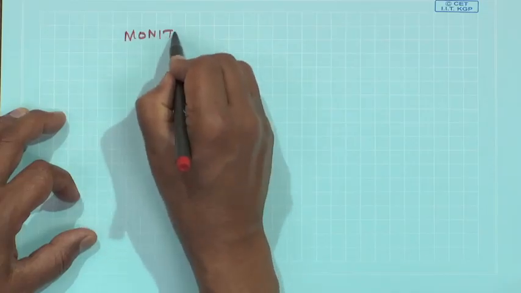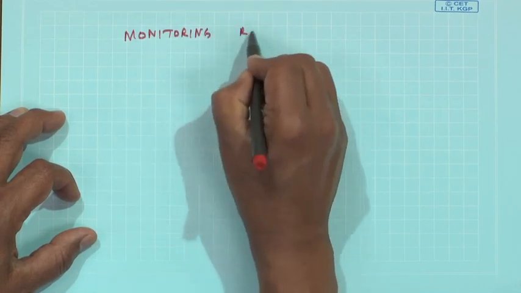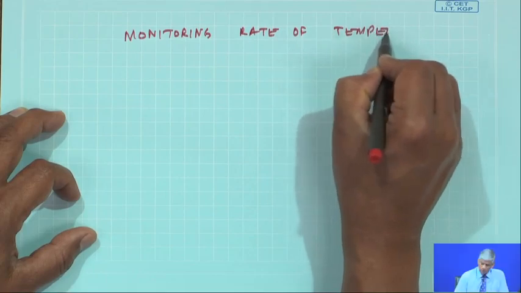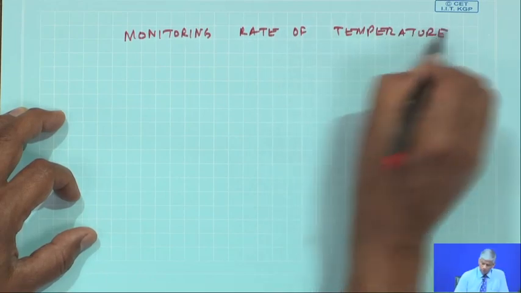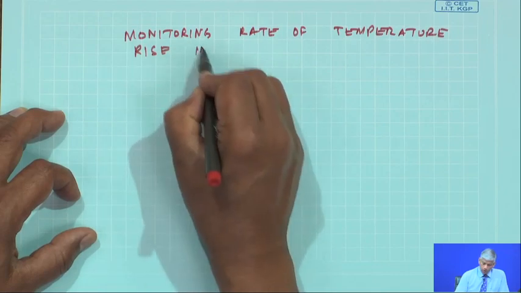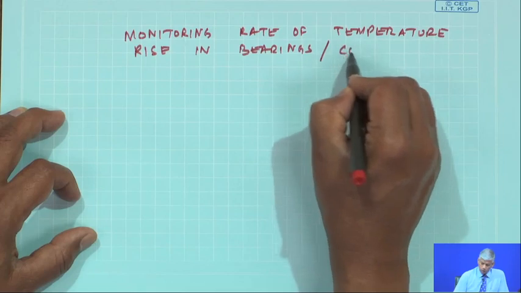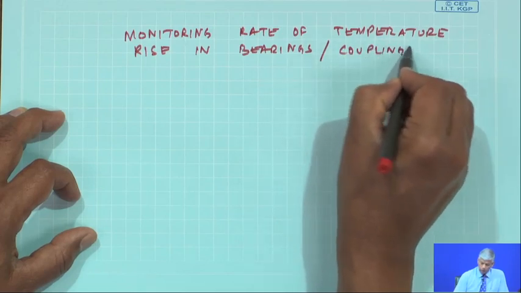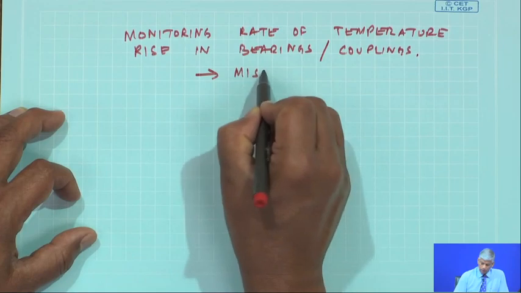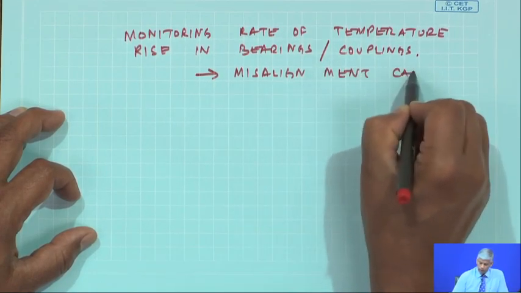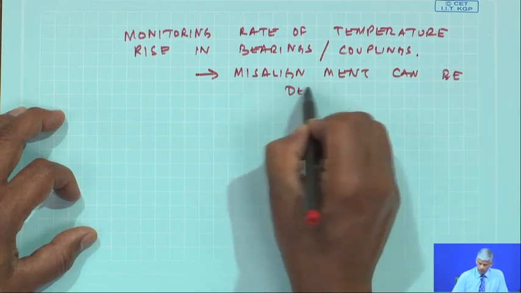So, you will see later on, by monitoring the rate of temperature rise in bearings, sometimes in couplings, misalignment can be detected.